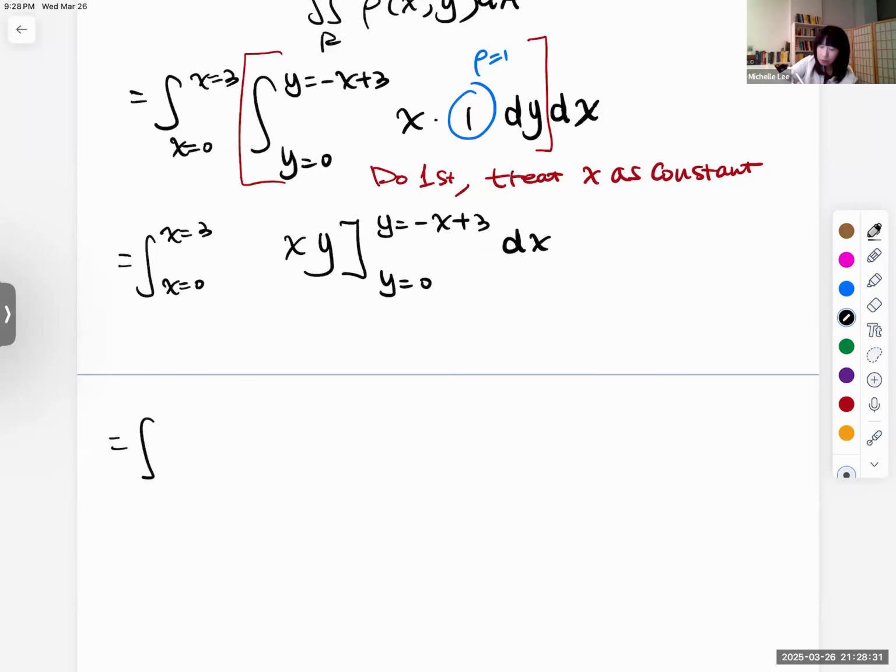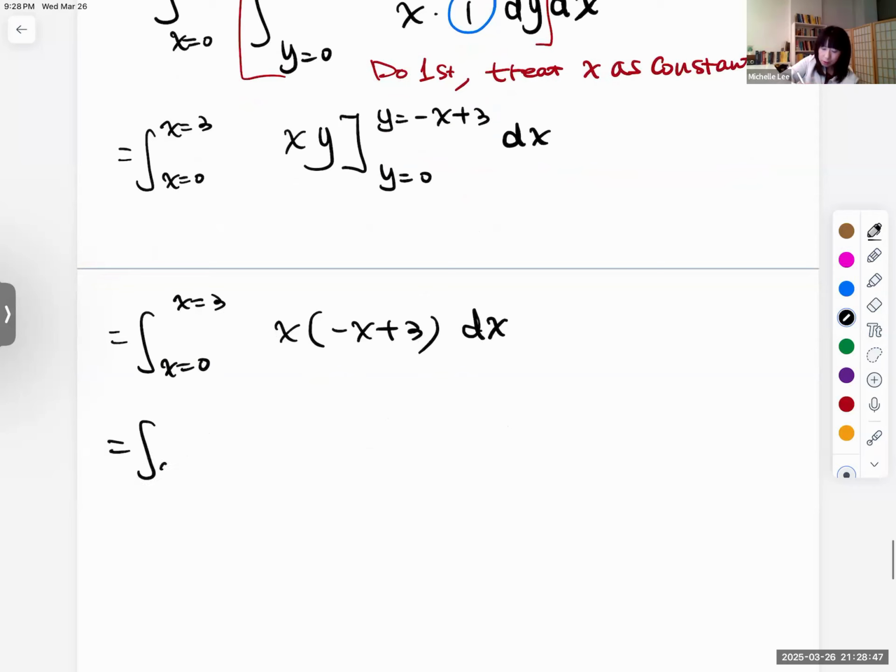Now x equal to 0 to 3. We have x times negative x plus 3, and the other limit is 0, then dx.